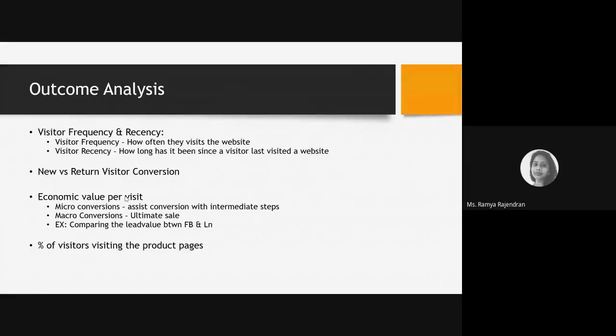For example, say 80% of the people who visit you regularly are return visitors, and 80% of them buy the next time, whereas only 20% or 30% of new visitors buy your product, which means you have to really work on your promotions for attracting new visitors.